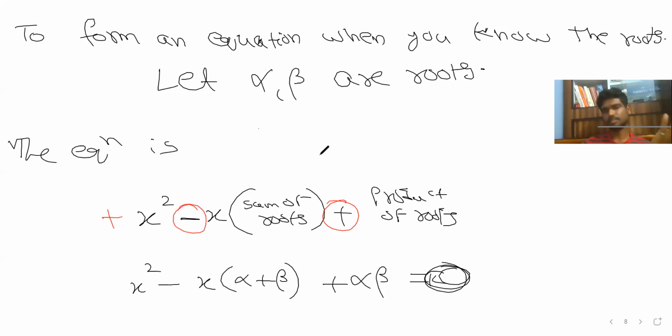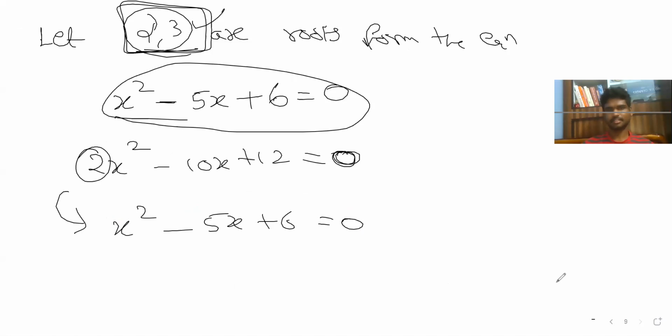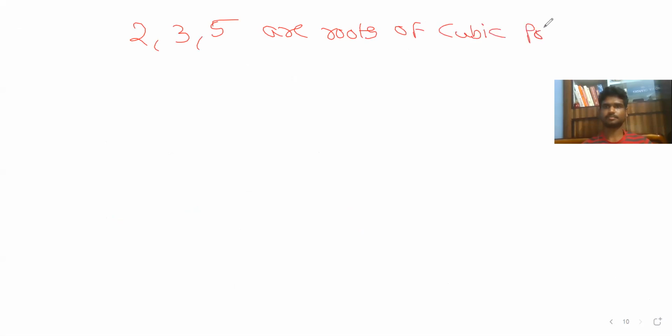If it is x cube, then also you can form the equation. Always it forms alternately: plus, minus, plus, minus. Let us suppose 2, 3, 5 are roots of a cubic polynomial.